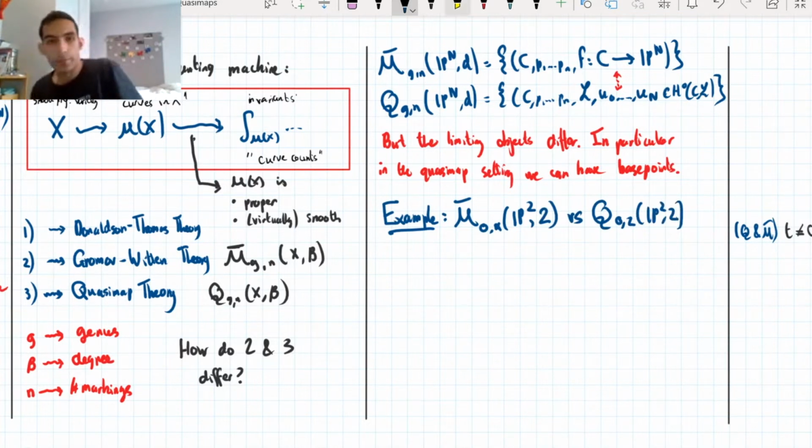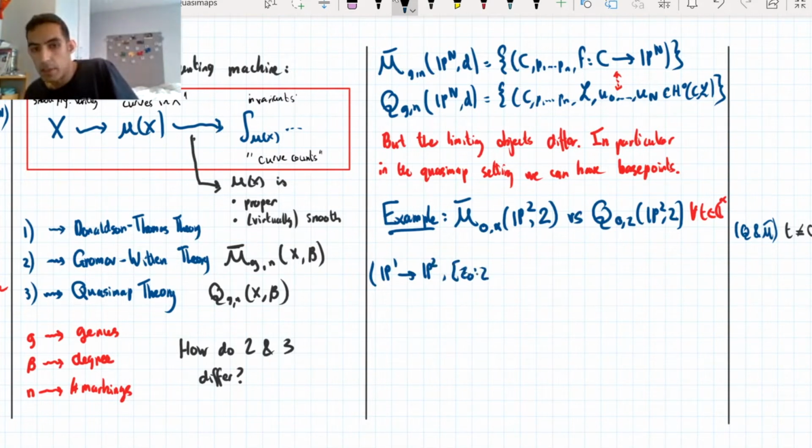If I give you any non-zero complex number t, I could write down the following map, P1 goes to P2, which maps in homogeneous coordinates Z0, Z1 to t Z0 squared, Z0 Z1, Z1 squared.